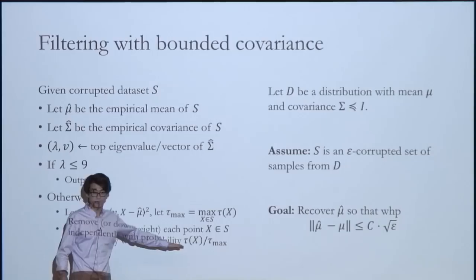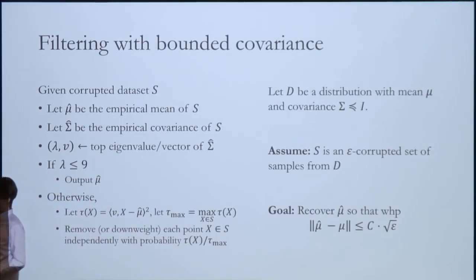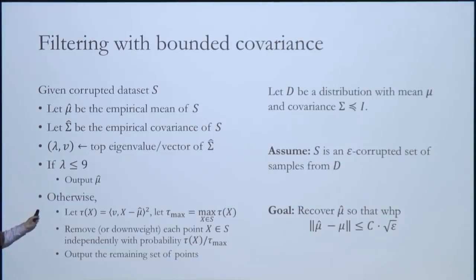Just say, I don't believe you anymore. Assign it a weight and downweight this point with some probability similar to this. And that's it. You output the set of points, and then you just iterate this some number of times, and it works. So this is really a very simple algorithmic statement.